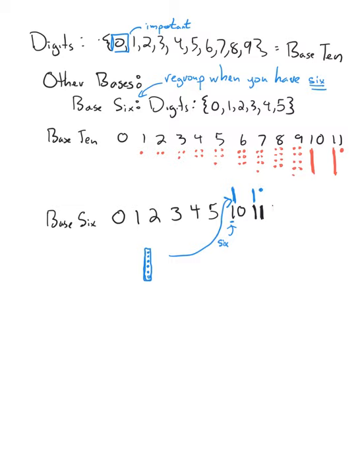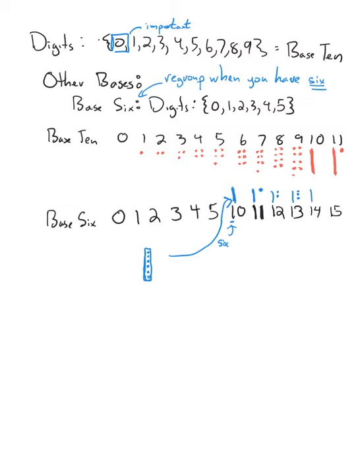8 in base 6 is 1 2, so that looks like that. 9 is 1 3. We're taking 6 ones, grouping them, and then we have 3 left over. 10 is 1 4. 11 is 1 5.